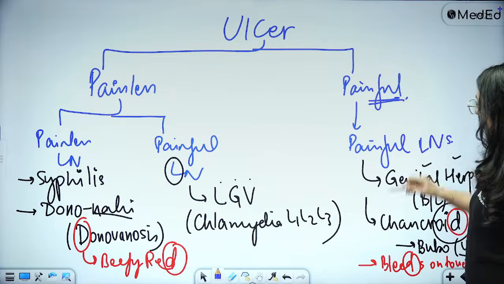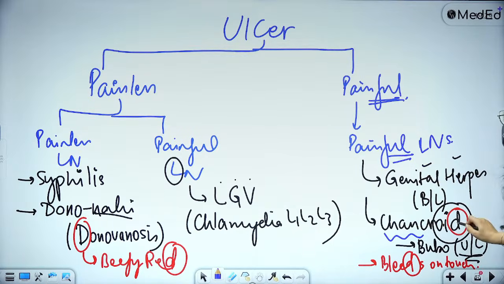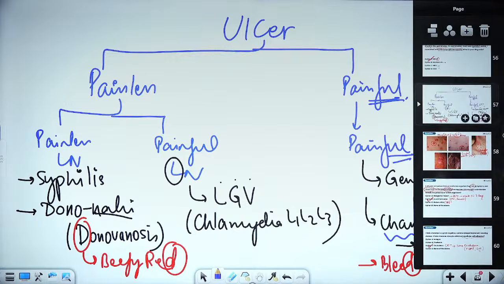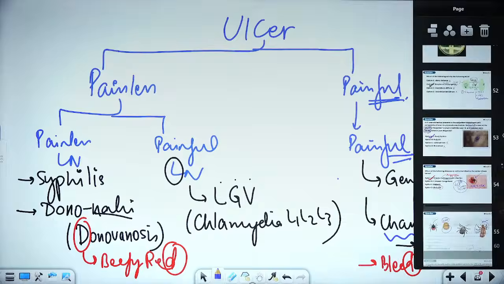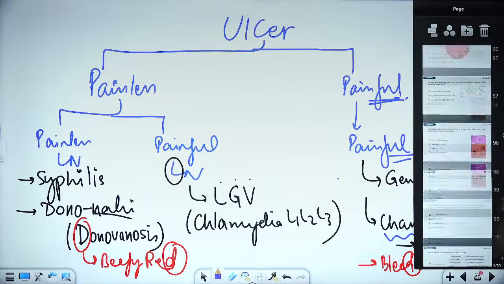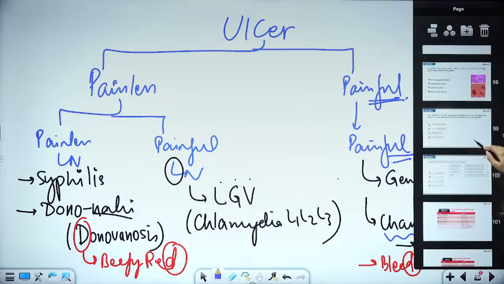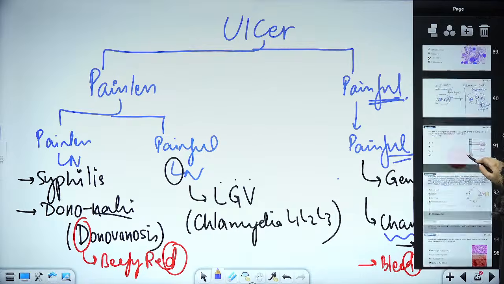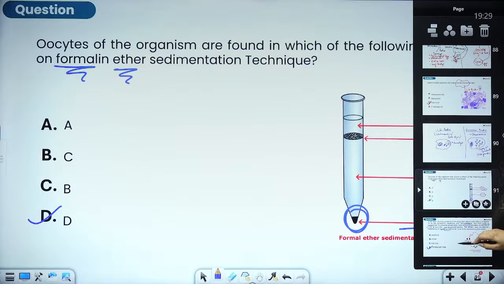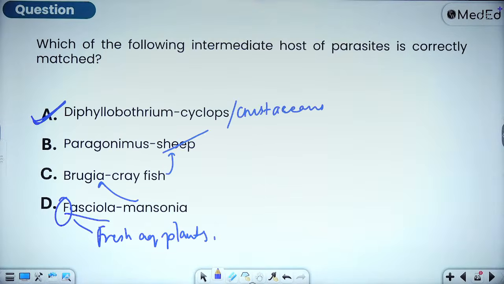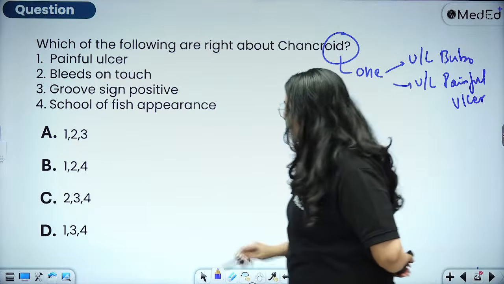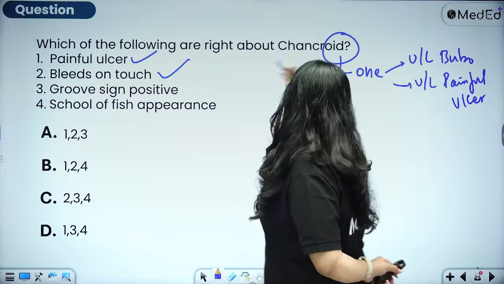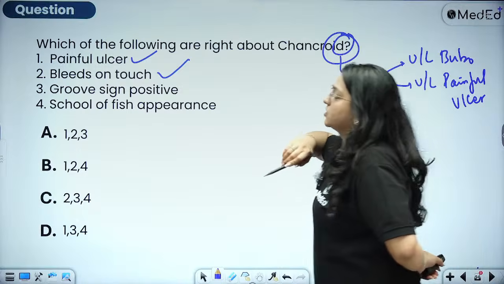Painful, chancroid, bubo unilateral, bleeds on touch, right? Chancroid is caused by Haemophilus ducreyi. So it is saying painful ulcer, correct. Bleeds on touch, correct.